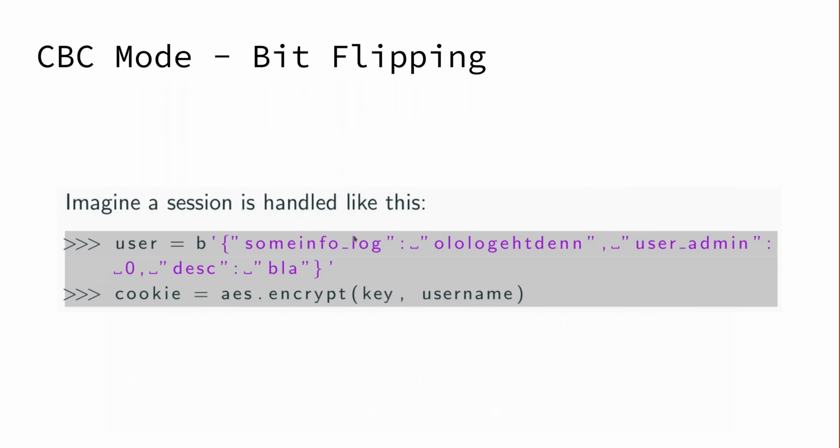So how could we use that to our advantage as an attacker? Well, imagine, again, you have an open source web system that uses CBC encryption to store cookies on the user side. And inside we have something like this, some info, which is unimportant, but we can control. Then is the user admin, 0, and then inscription, which is also unimportant.